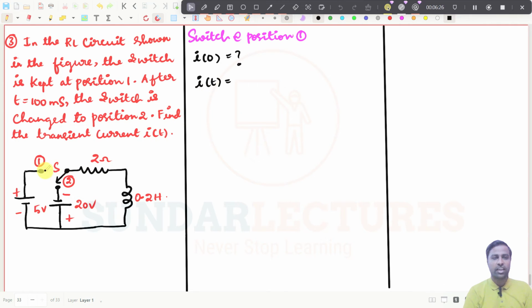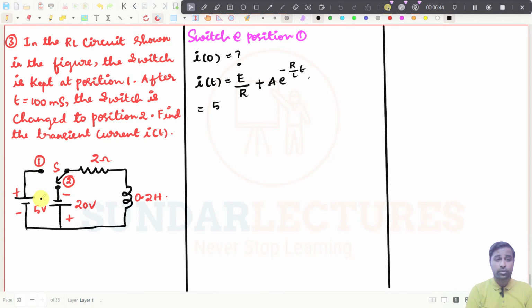I of t is equal to E by R plus A e power minus R by L t. This is the expression. What is E by R here? E is 5.